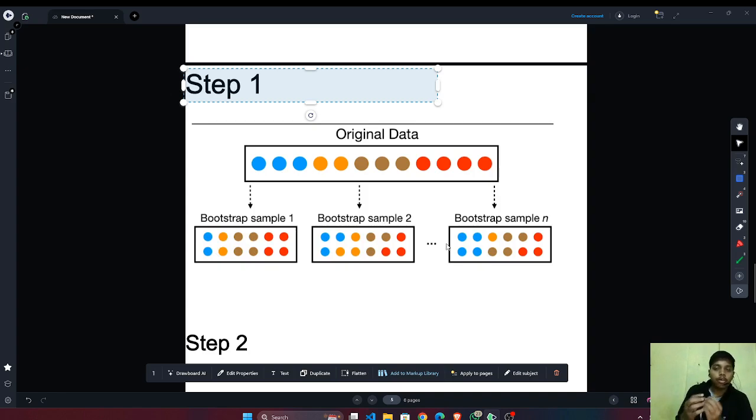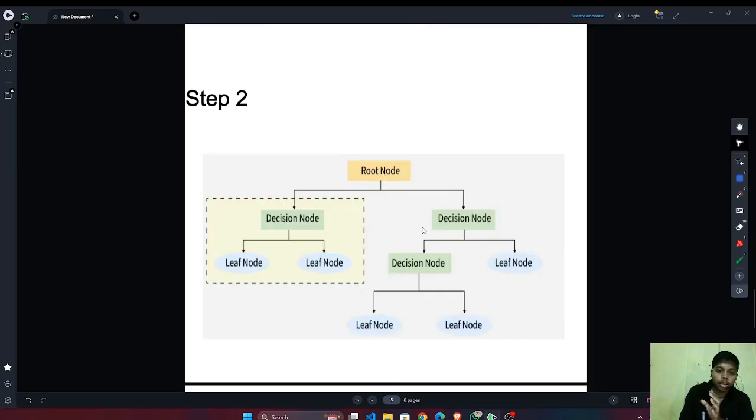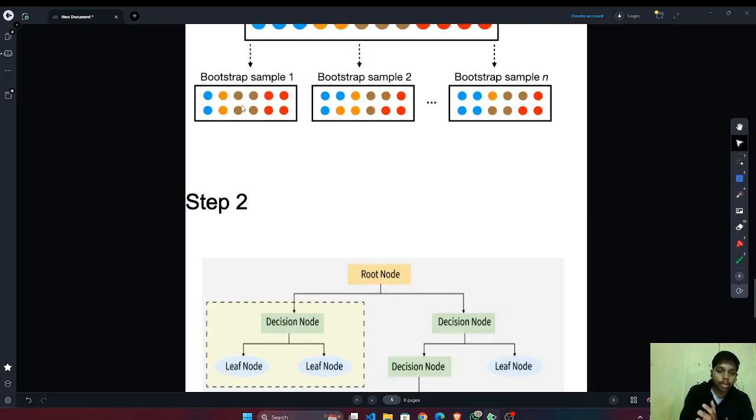So that's how we take multiple bootstrap data sets from the original data set, and with the help of these different random data sets we create different decision trees. For one bootstrap data set, we make one decision tree, for another a second decision tree, for another a third, and we take n number of decision trees.